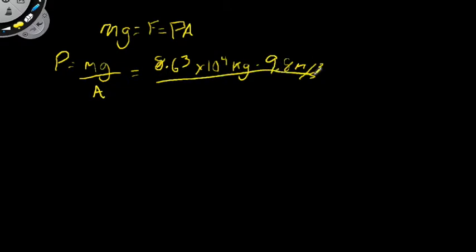Then I'm going to divide that by the area itself, and the area they told me is 93. When I punch it into the calculator, it shows me that I should get a pressure differential of 990 pascals.